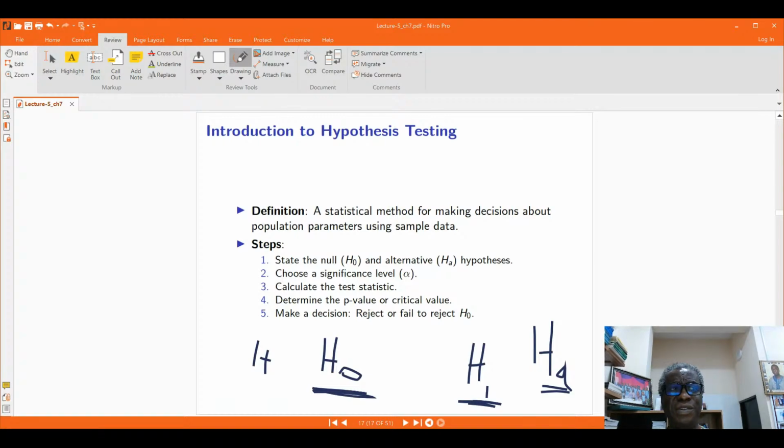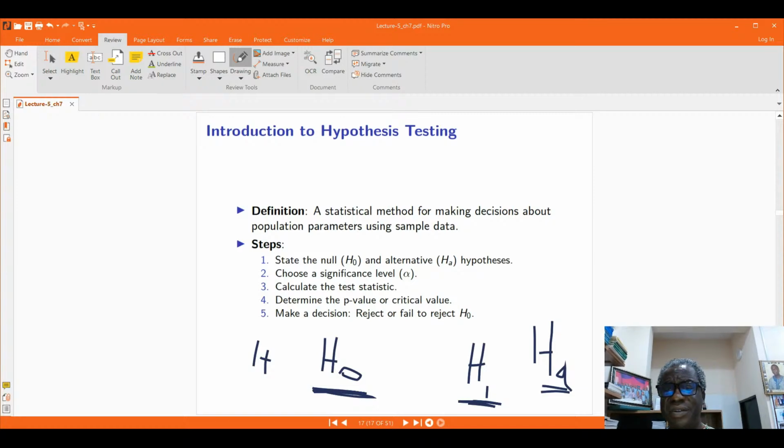If your level of confidence is 99%, then your significance level is 0.01. So the significance level is the complement of the level of confidence.